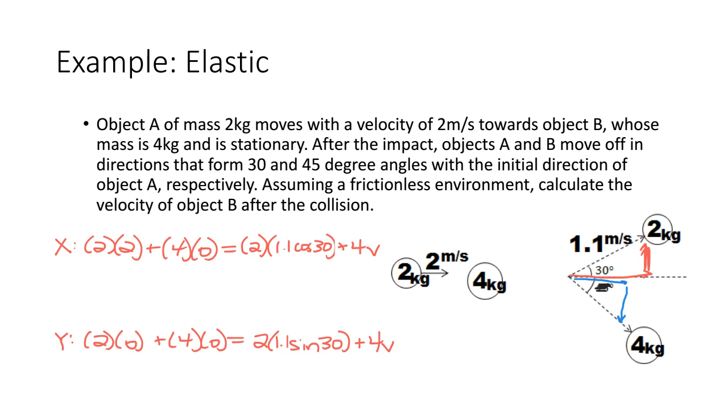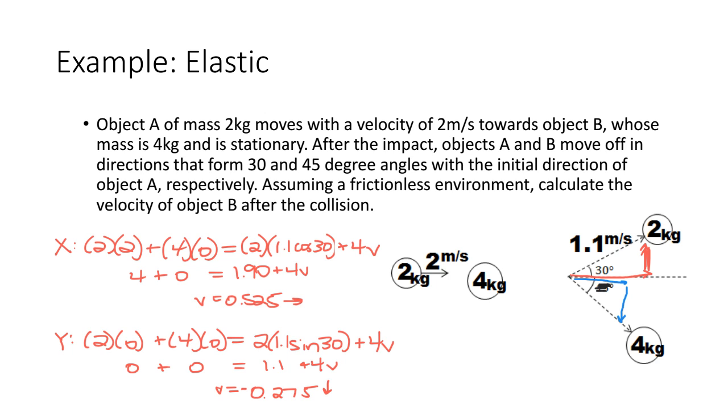Let's solve for the velocities of our second object. I got a velocity of 0.525 to the right. Next, in the y direction, I got a velocity of 0.275. Oh, it should be negative 0.275. That means down.